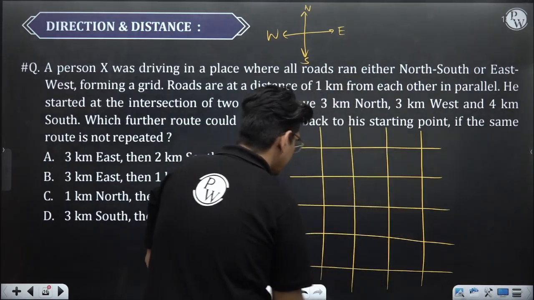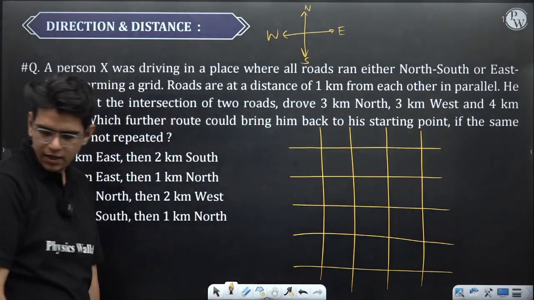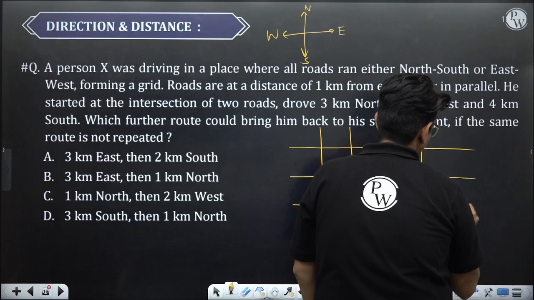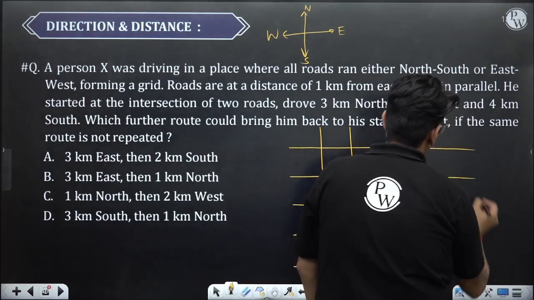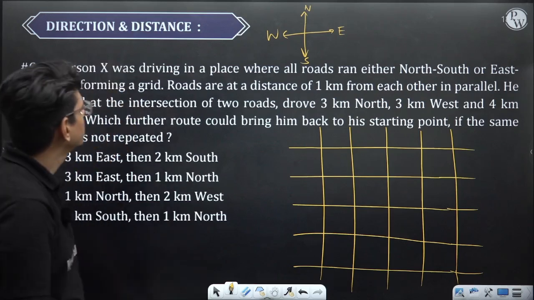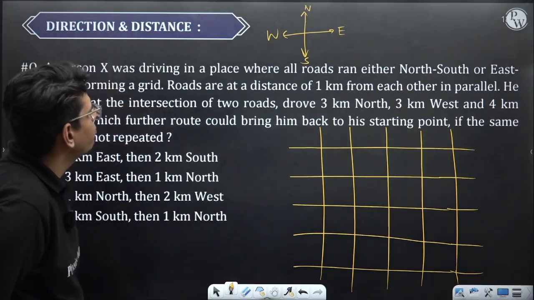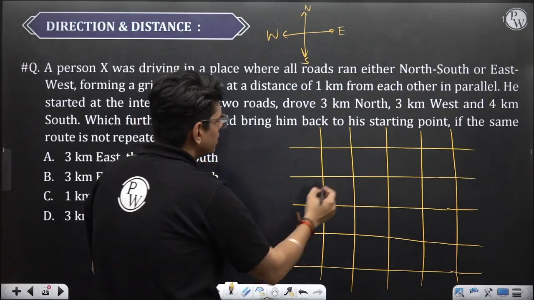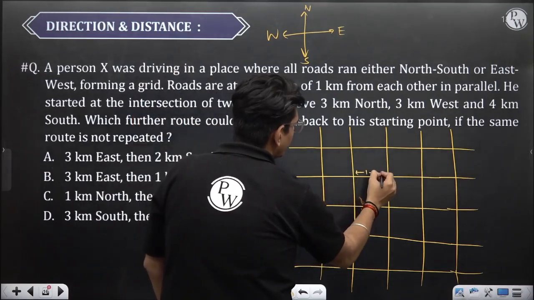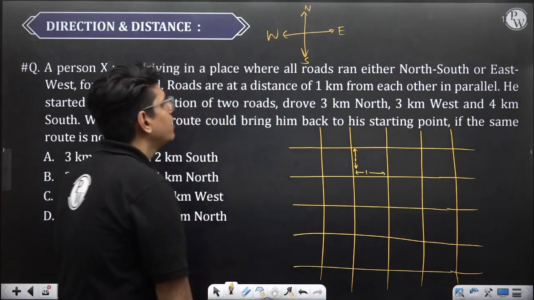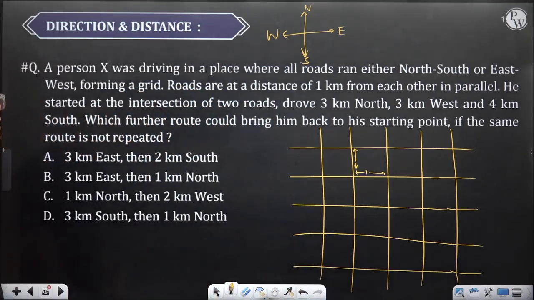Let's make 4 horizontal and 4 vertical, right? Okay, now what? Roads are at a distance of 1 kilometer from each other in parallel. So this is nothing but 1 unit. This is also 1 unit.